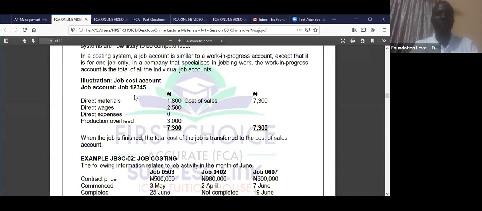We had a job here, and we saw that the direct materials were debited to the job account, the direct wages and expenses, if there are any, were debited, and even the production overhead was debited. If there is going to be non-production overhead, you will see it here. Then the sum gives you your cost of sales. So everything here is transferred to the cost of sales account.